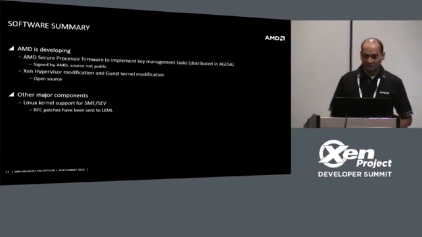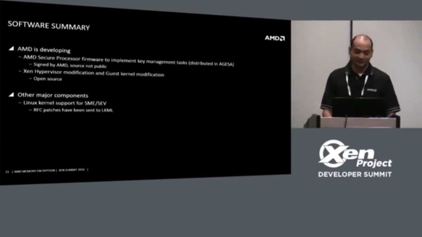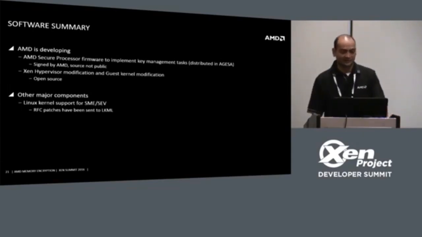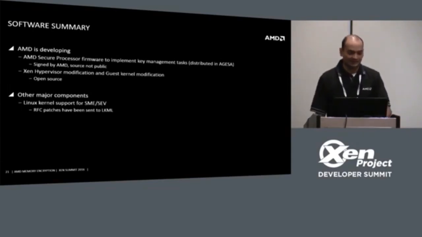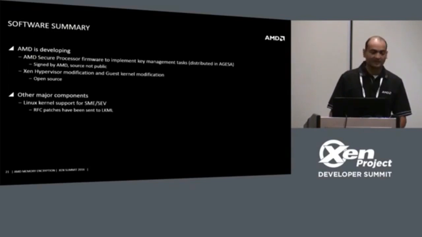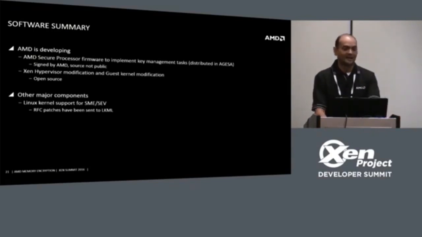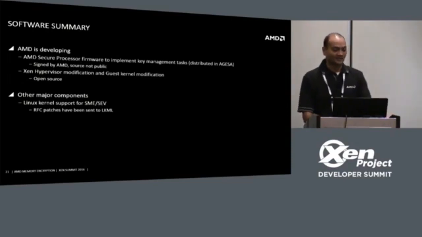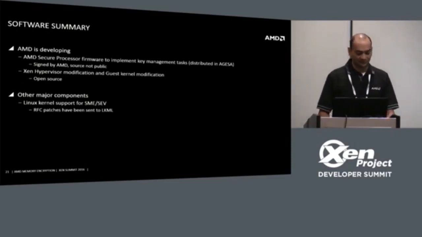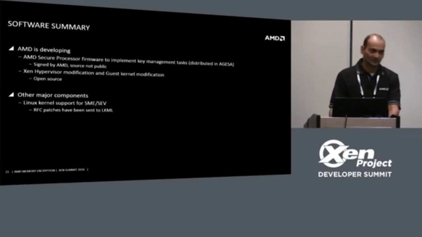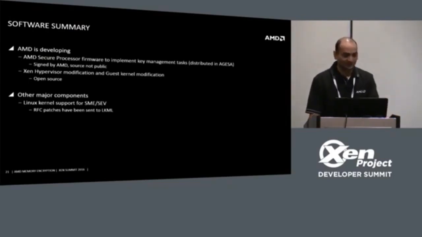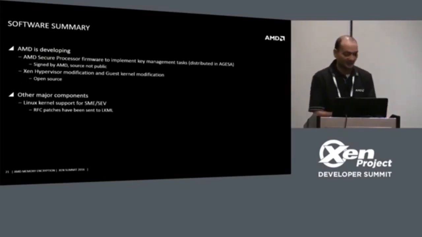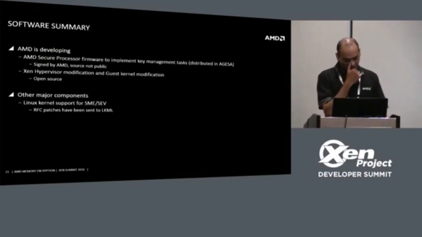Okay, so just to summarize everything, AMD is developing SEV firmware that will be part of AGESA, and it is signed by AMD, and it is closed source. But whatever changes we are making inside the Xen hypervisor or guest kernel, all of those are going to be open source, and available as RFCs for further comments.